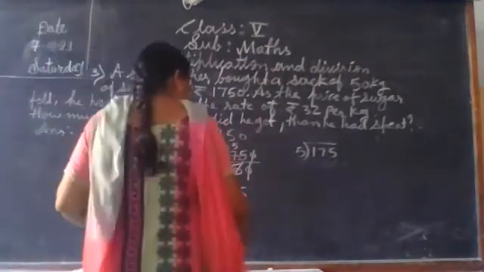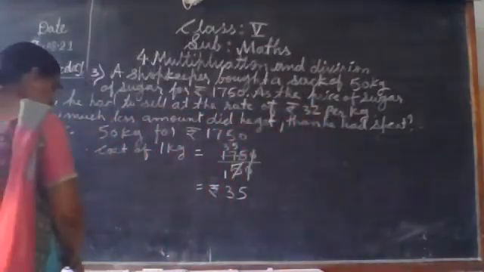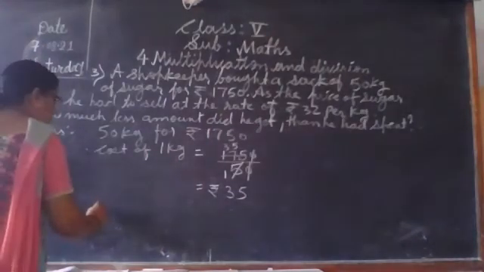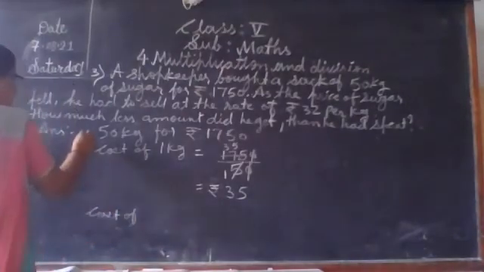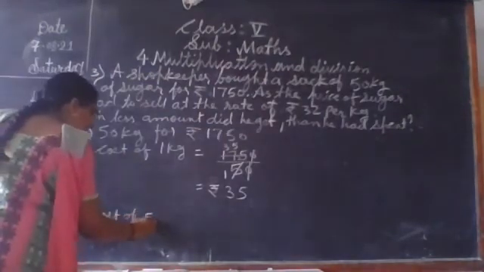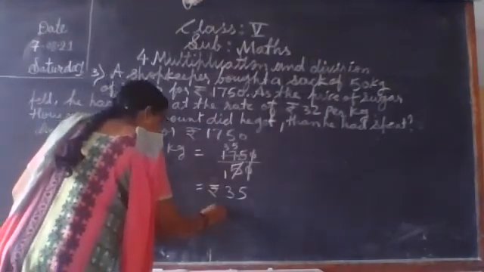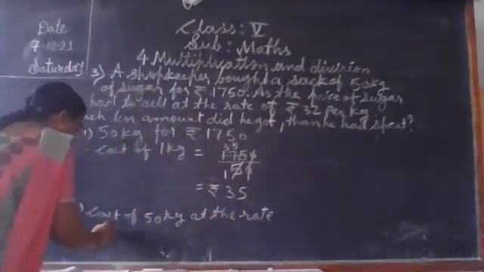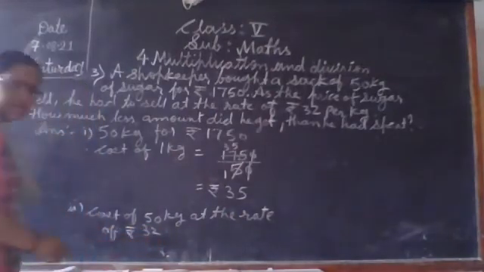Now we will find the second part: the cost of 50 kg at the rate of rupees 32.